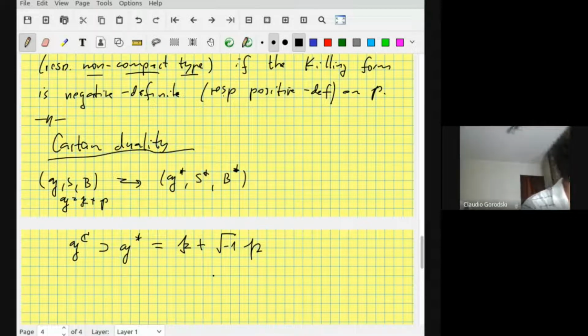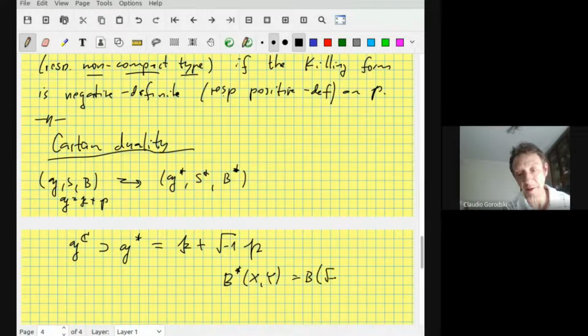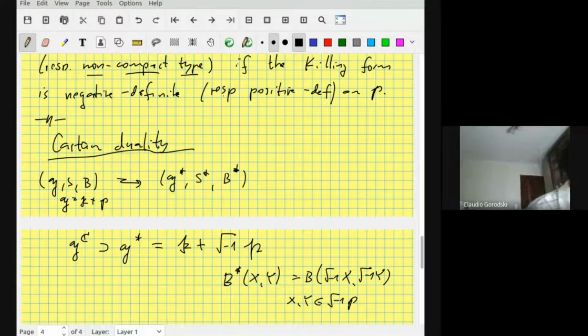And we just transfer B to G star like this, define B star to be, well, I should put maybe better to write like this.